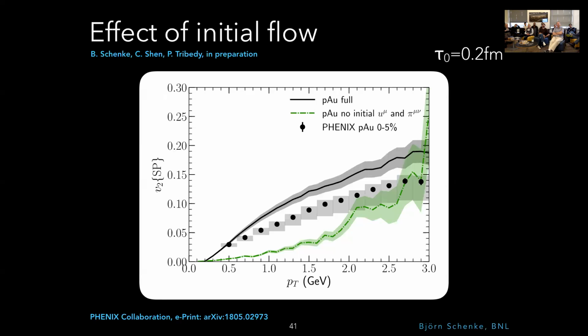But that comes from the fact that their width parameter for the energy density distribution for each nucleon is more than twice as large as what we have. Ours is somewhat constrained from IPSat, which gives you this 0.4 essentially, and they have like 1.2, much larger.